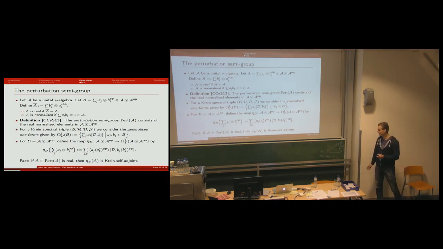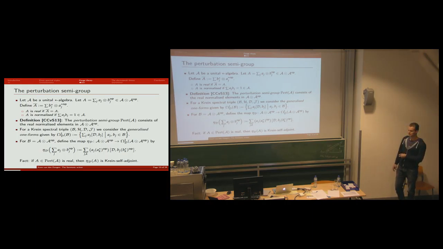One observation here is that if you start with a real element, in the perturbation semigroup in particular, then what you get is Krein self-adjoint. This is proved in the exact same way as in this paper, but now D is Krein self-adjoint instead of self-adjoint. And as I mentioned before, for the elements of the algebra, the Hilbert space adjoint and the Krein adjoint are the same, so there's no problem there.